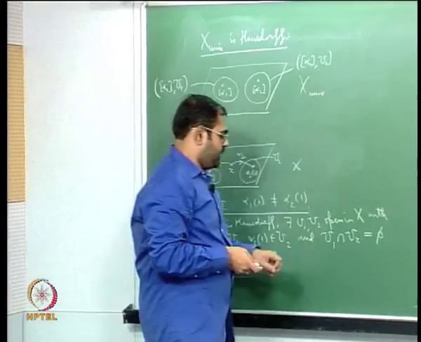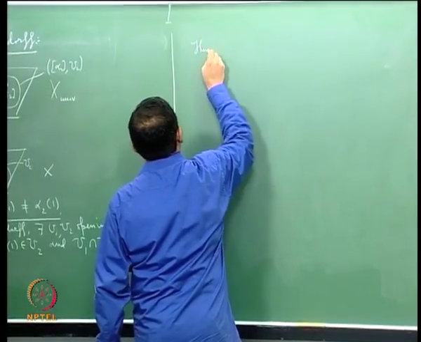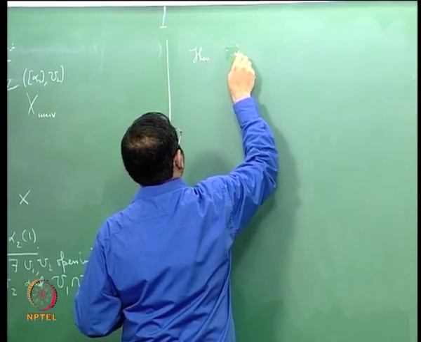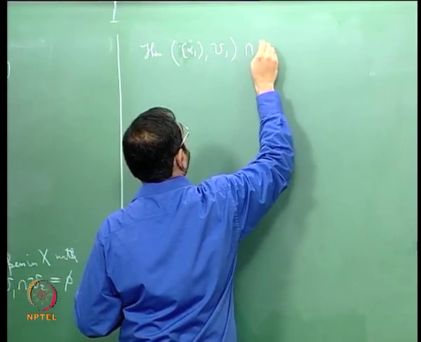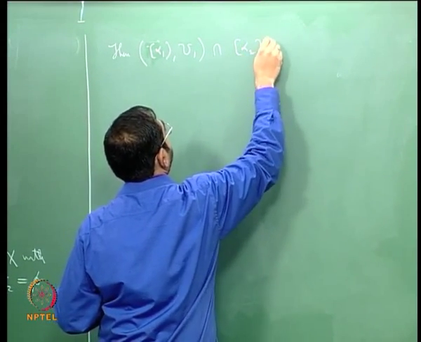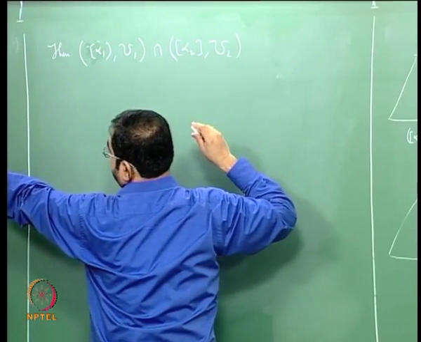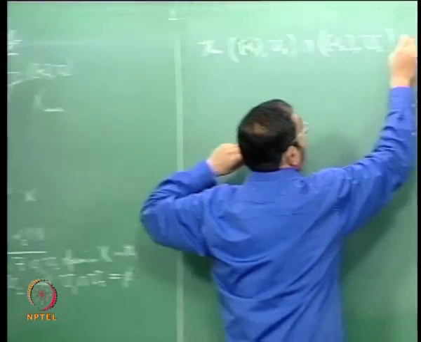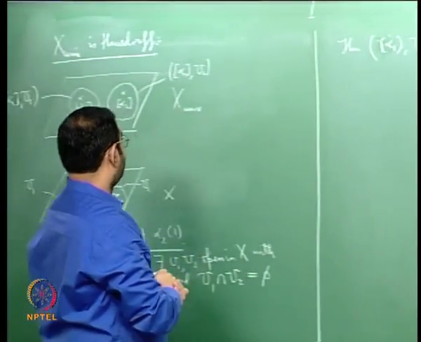Let me write that down. So alpha 1 comma U1 and alpha 2 comma U2 are two open sets above; they are open neighborhoods of the homotopy class of alpha 1 and the homotopy class of alpha 2 which do not intersect.